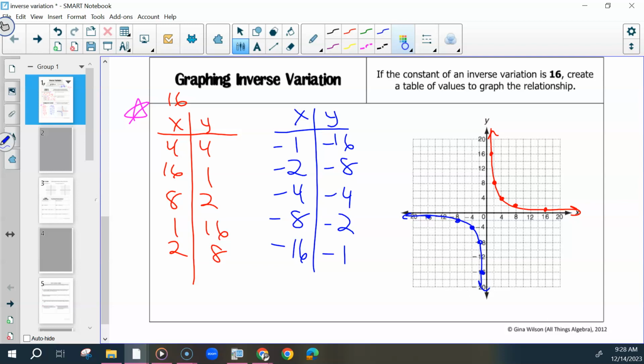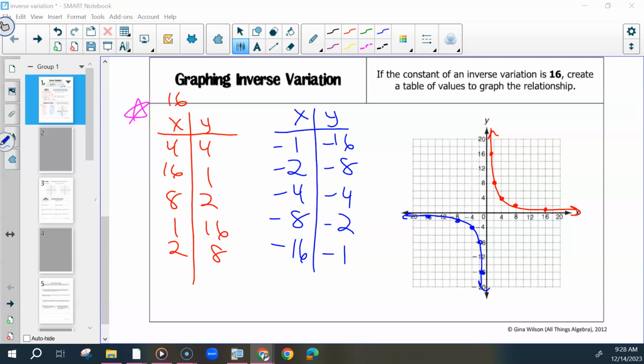So if you see something like this, this is clearly not direct, that is a line that goes through the origin. Once you have finished this, go on to the next page.